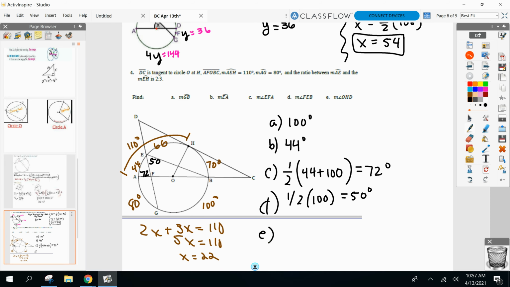And then here, OHD. Look at that angle, guys. OHD. Central angle? Nope. Inscribed? No. Okay, H is on the circle, but the other two sides are not chords.